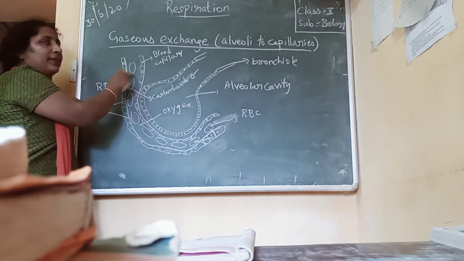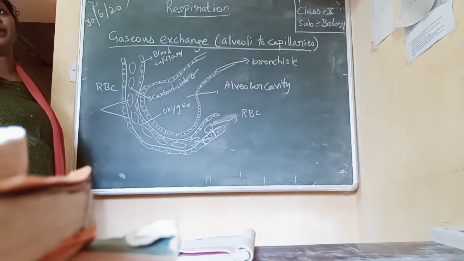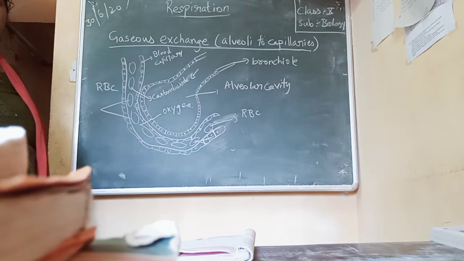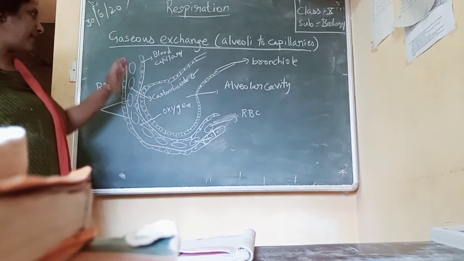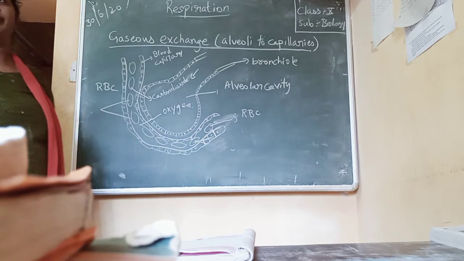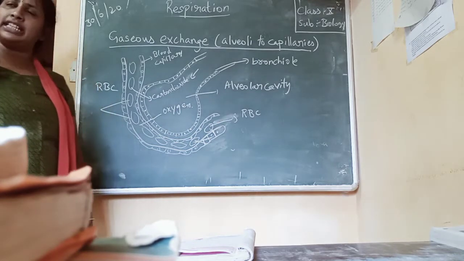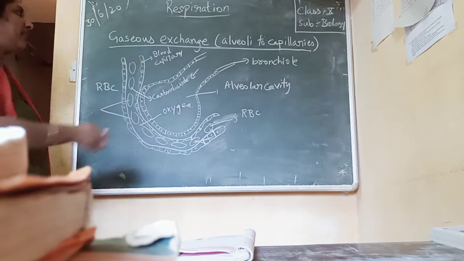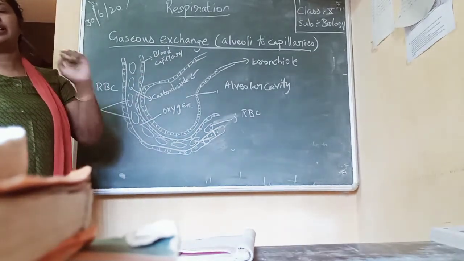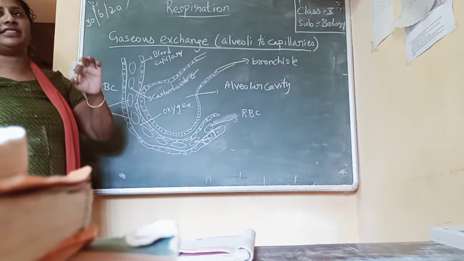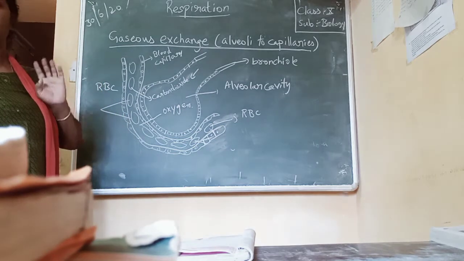Even the blood capillaries are single membraned. The cell membrane is very thin and is made up of a single layer of cells.